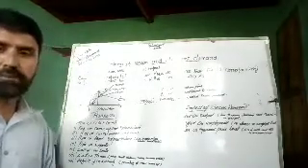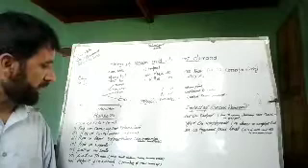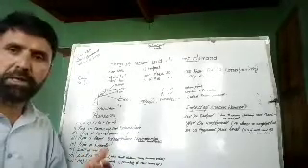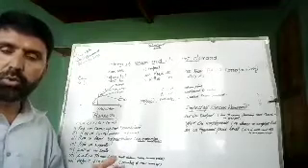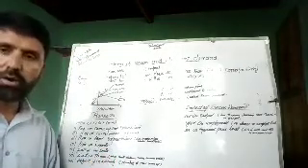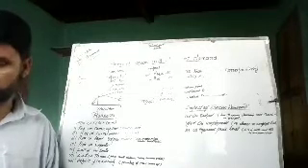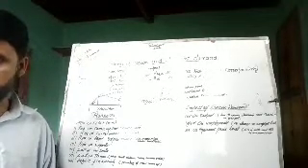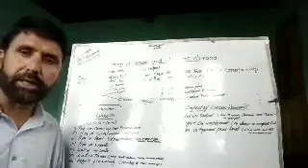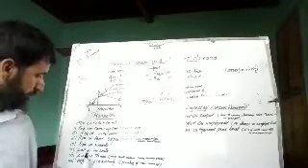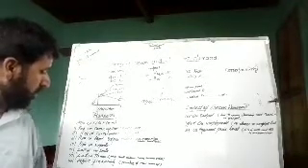Government expenditure is all for the people's welfare, like the opening of new schools or constructing new health centers, etc. Number four is rise in exports. Number five is fall in imports. And number six is fall in taxes.